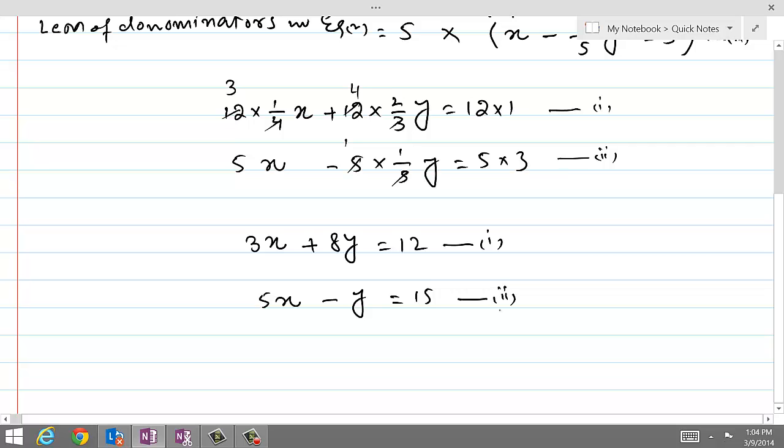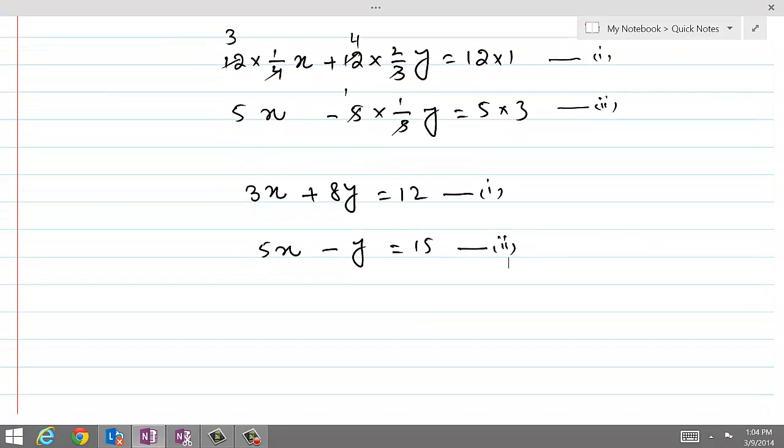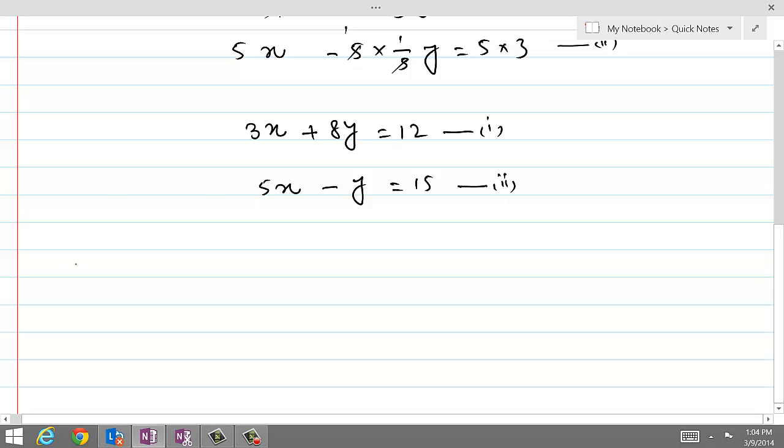So from this system we can apply the elimination method to solve the system and get the values for x and y. For the elimination method, we write down the coefficient of x in both equations.